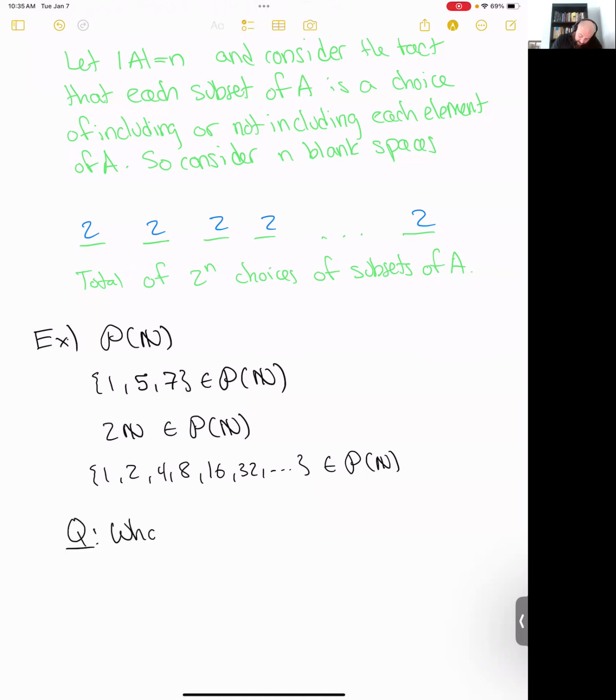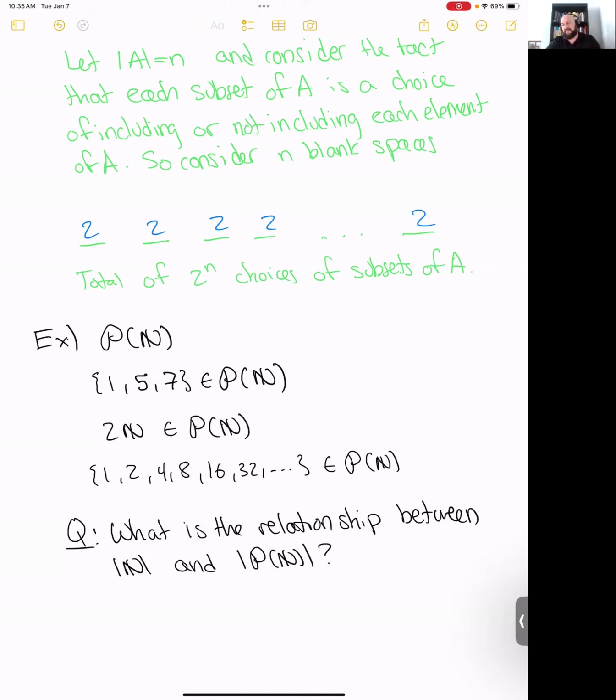So then the question is, what is the relationship between the size of the naturals and the size of the power set of the naturals, right? Because again, for finite sets, the size of the power set was 2 to the power of the size of the original set.